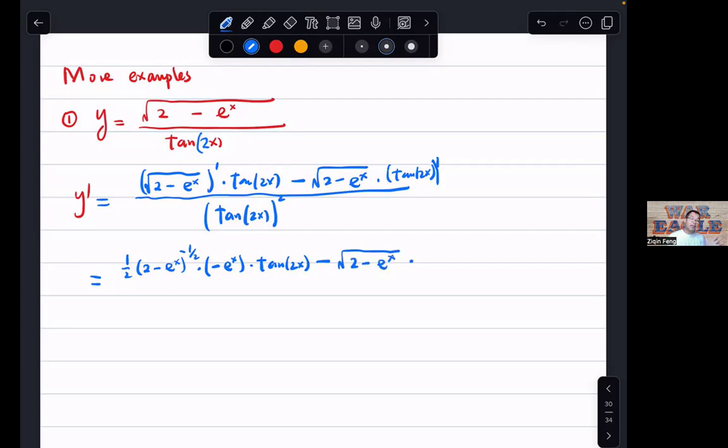Inner function, tangent outer function. The derivative of tangent is secant squared. So this is secant squared of 2x times the derivative of the inner function, which is 2, then over tangent of 2x squared. So this is our first example.